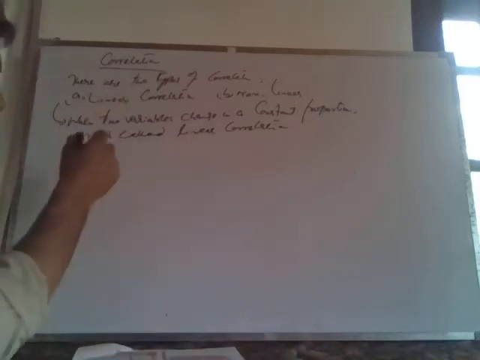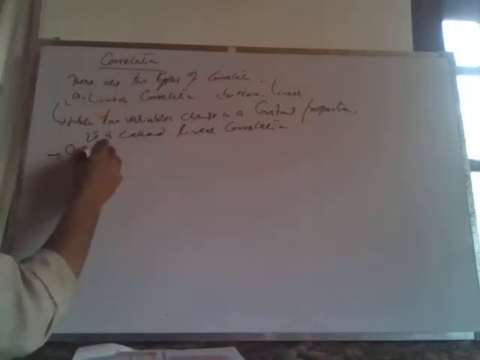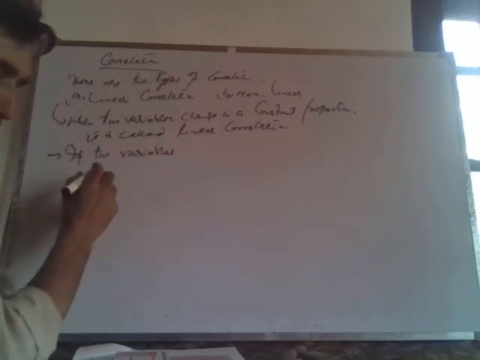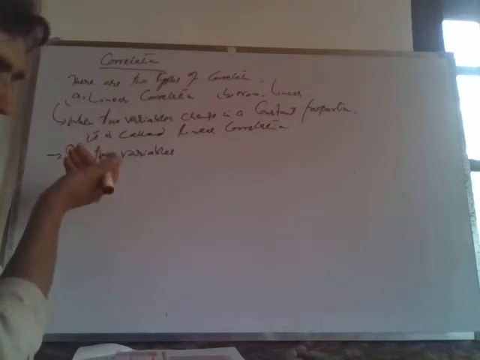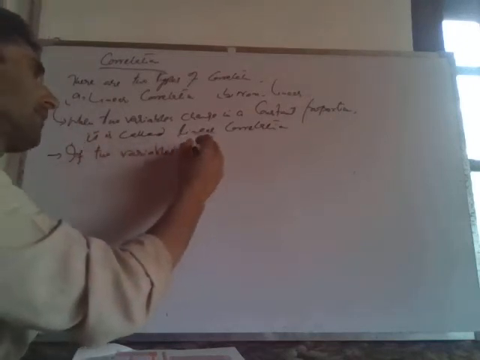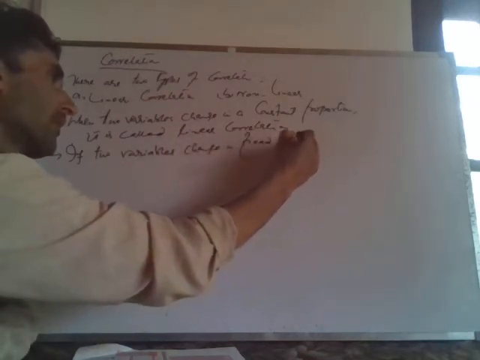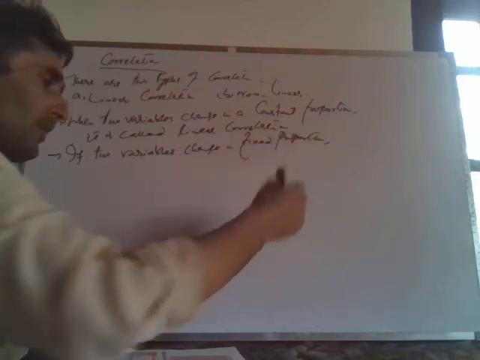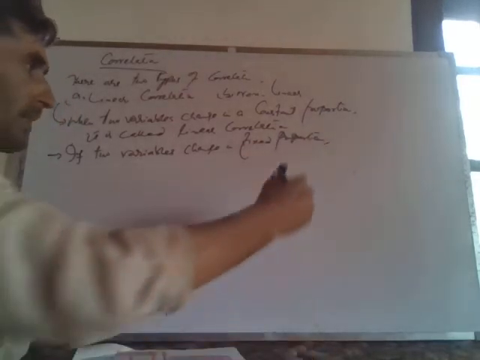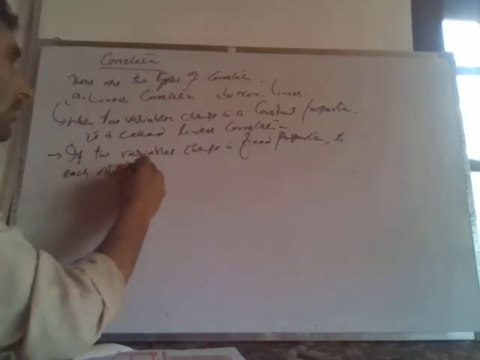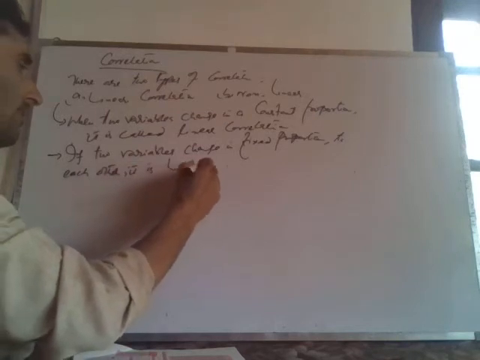In other words, we can say if two variables or two sets of data change in a constant or fixed proportion, bearing the fixed proportion to each other, it is linear.